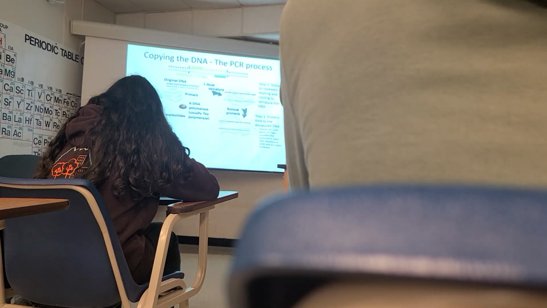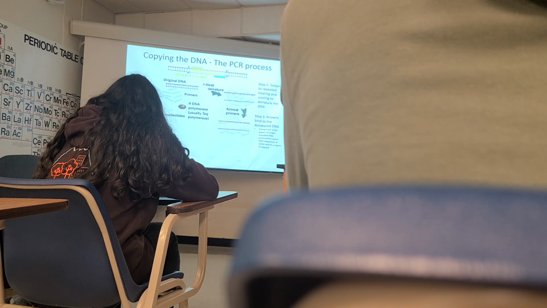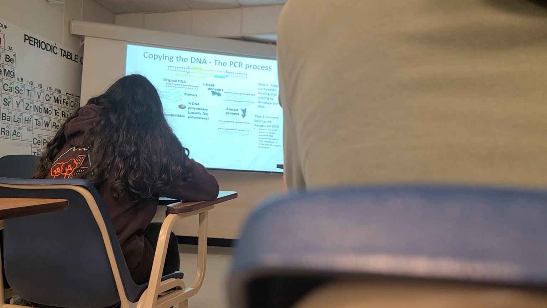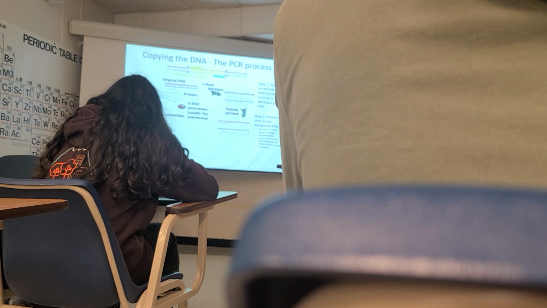Two, you can also cut that DNA and put something in that you already know, in which case you can have the primers bind there and it will extend that into parts that you don't know. There's a couple of different ways you can do this. But you need those little primers to get you started. So it's going to attach there first, and this is essentially where the copying is going to begin.